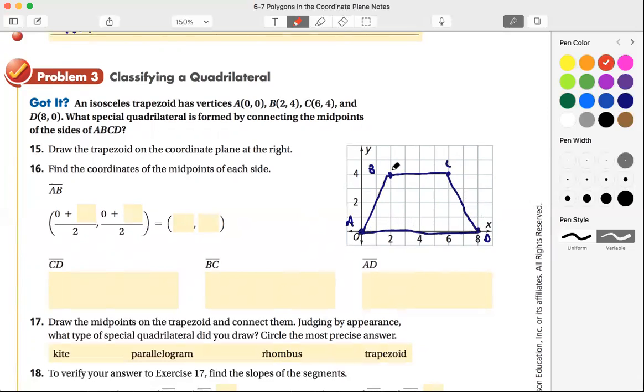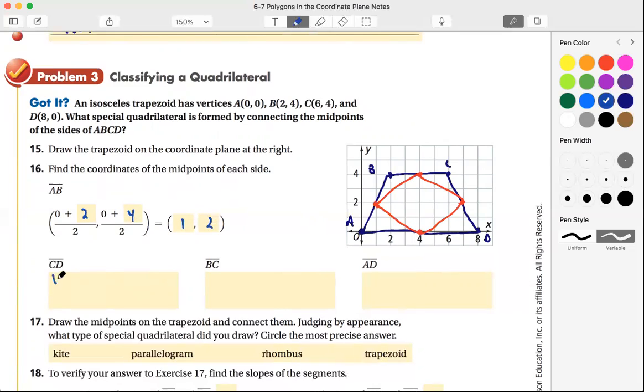Now let's connect the midpoints. Here's this midpoint, here's this midpoint, there's this midpoint, and here's this midpoint. So what type of quadrilateral is this? Let's find the coordinates of the midpoint of each side. For AB we have (0 plus 2) over 2, and (0 plus 4) over 2, which equals (1, 2).